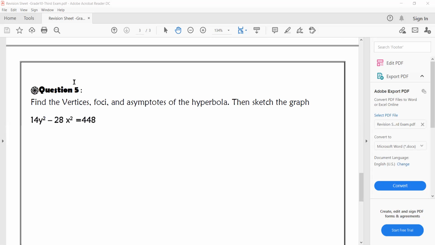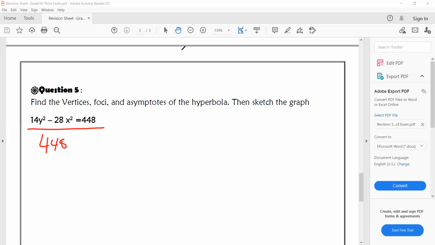But before that, is this equation written in the standard form? No, we need to divide by 448. How can I write it in the standard form? By dividing by 448.